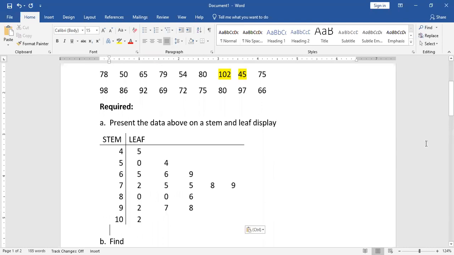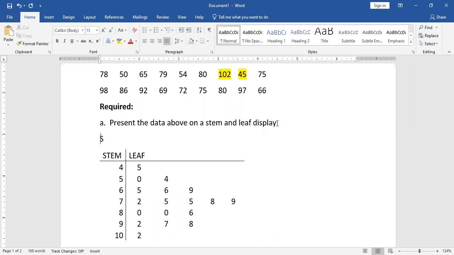So that's a display of the stem and leaf. Let me then say solution A. I guess there is no issue with doing the stem and leaf. It's clear. And then quickly find the mean.